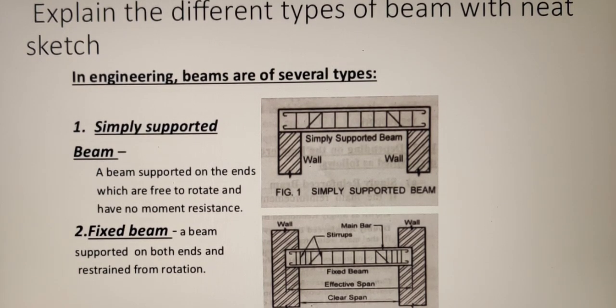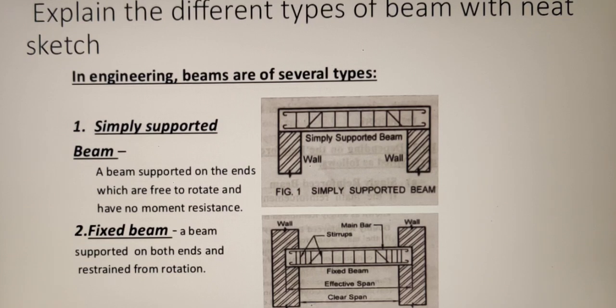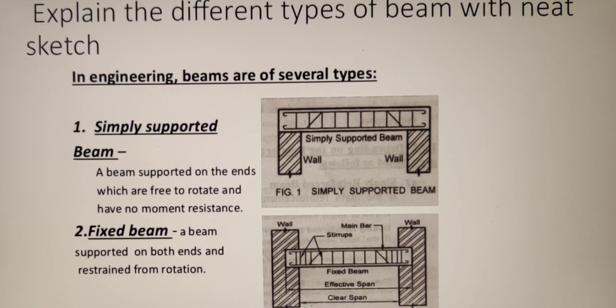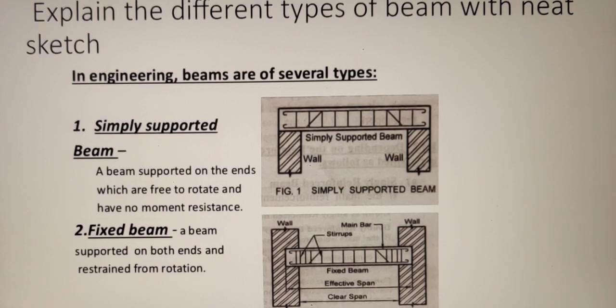So we have to use the three equations of equilibrium: sigma V is equal to 0, sigma H is equal to 0, sigma M is equal to 0. In other words, sigma Fx is equal to 0, sigma Fy is equal to 0, and sigma M is equal to 0. If you can analyze a beam using these three equations of equilibrium, you can call it a statically determinate structure.